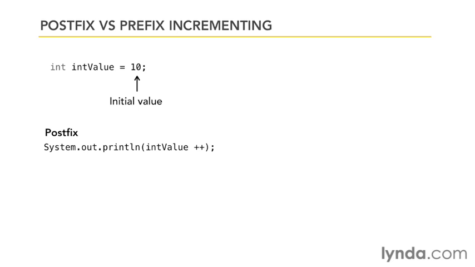Because I've wrapped this inside a print line command, I'm going to be outputting a value and changing its value, but you need to know that with this postfix syntax, the evaluation happens first, and only after that does the math happen. The result would be an output of 10, but then after the statement is complete, the new value of the variable would be 11.